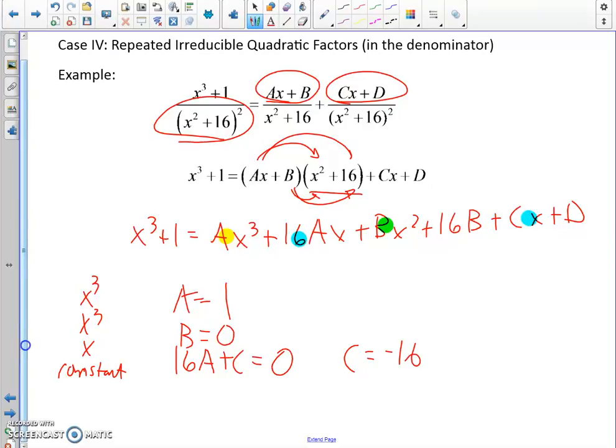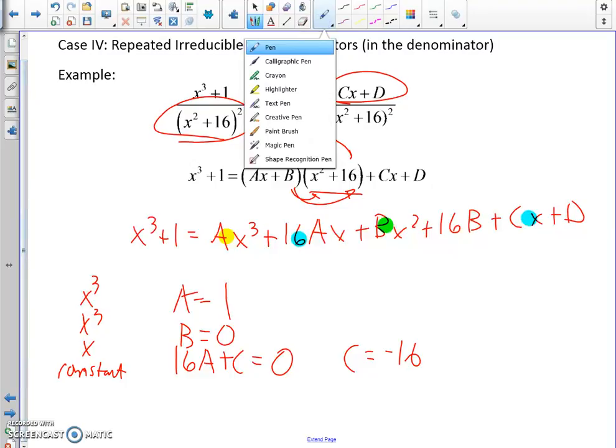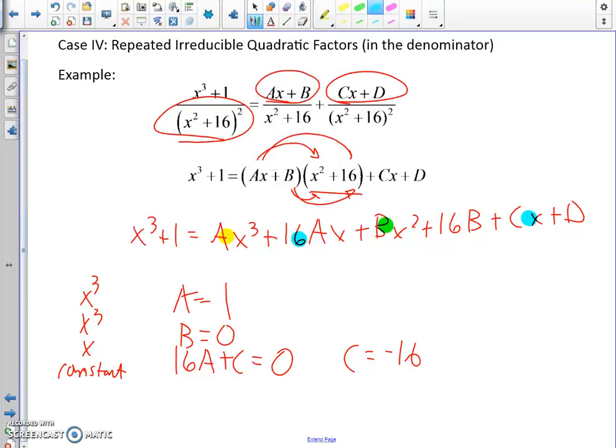And then finally, I've got my constant term. I've got 16b plus b plus d is equal to 1.